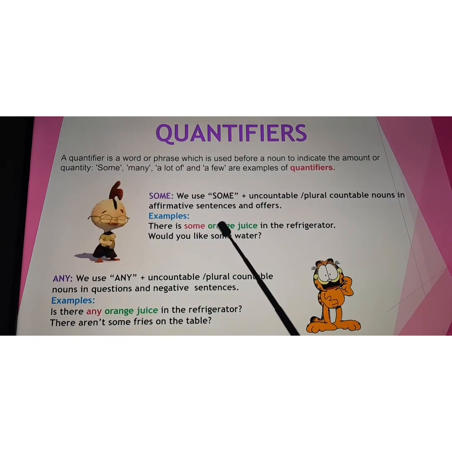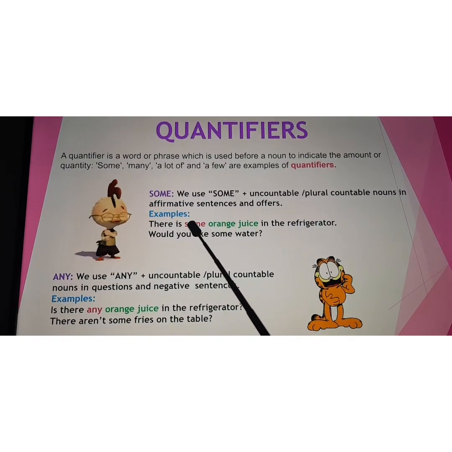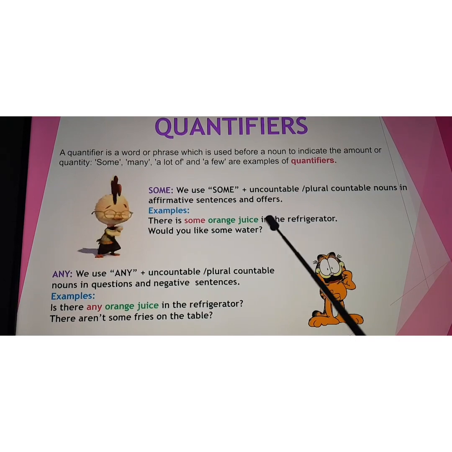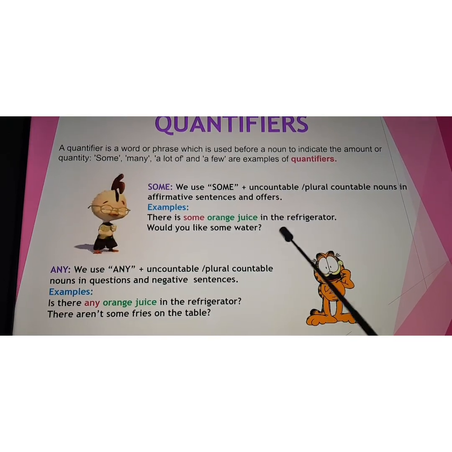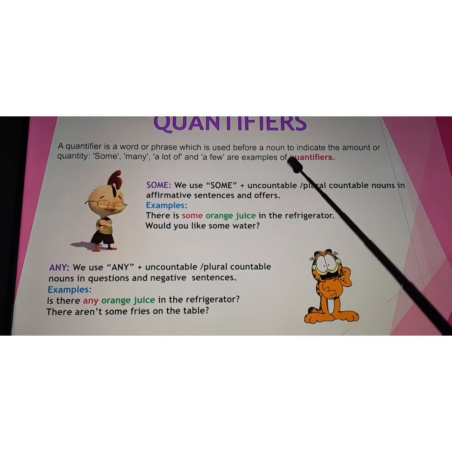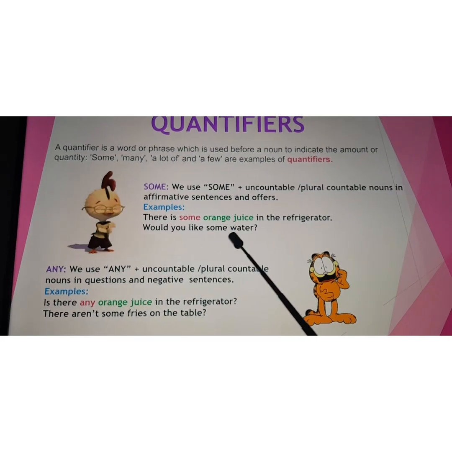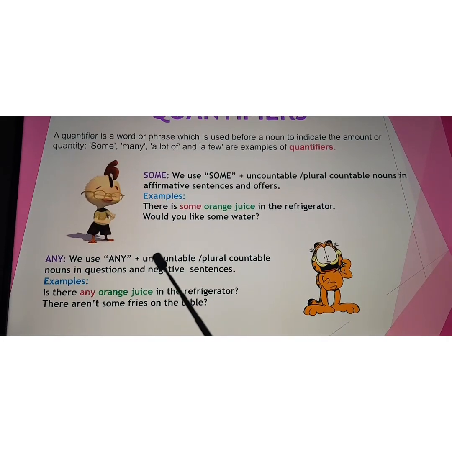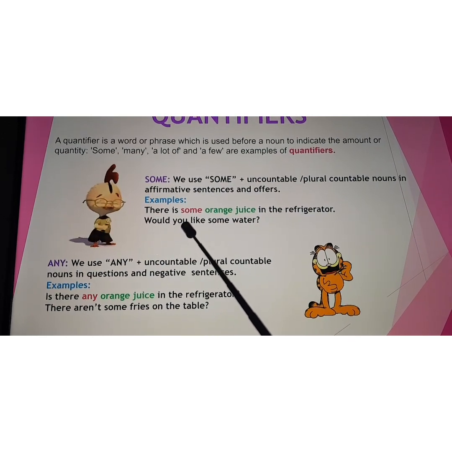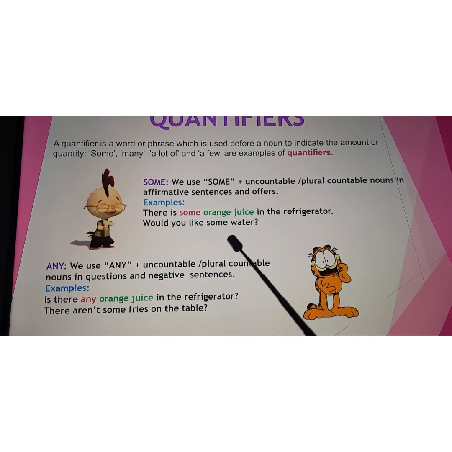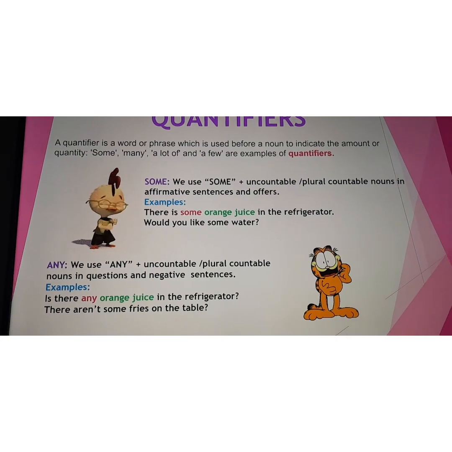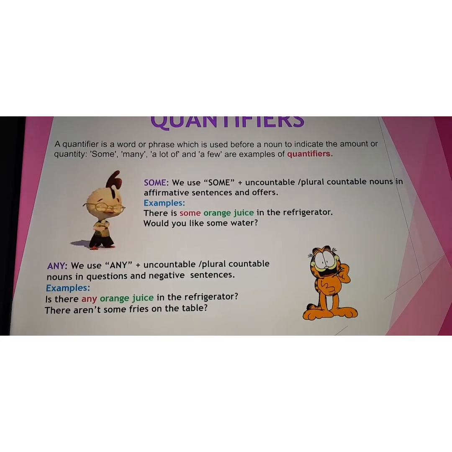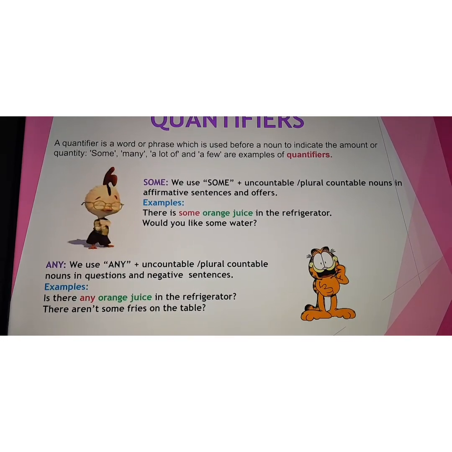The first example is in affirmative form. There is some orange juice. Some is an expression of quantifier. Orange juice is the noun, but the noun is uncountable. And the second example is would you like some water? Water is the uncountable noun, and would you like is the offer.